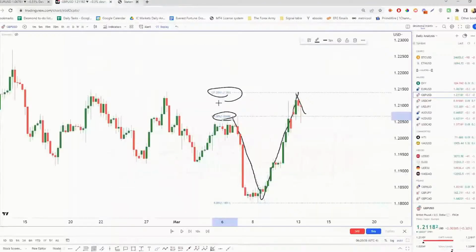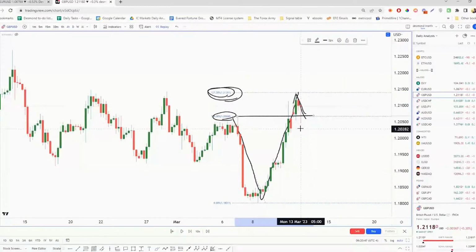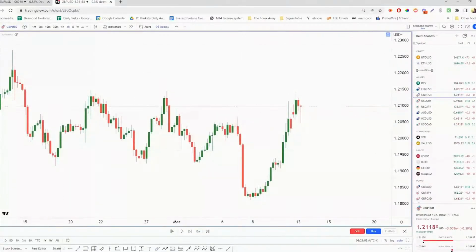Now the setups I took were purely from here. We take the reversal of the 127 and play it down to the 100%. Now the success of this strategy lies in confluence. What do I mean by confluence?